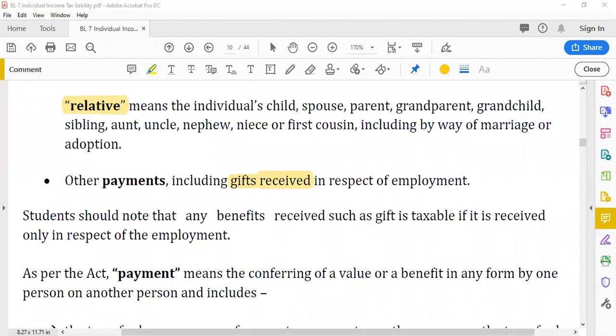You will get a lot of gifts from the merchants in the market. Is that gift income or not? Yes, Menaka replied as income, right? Income.